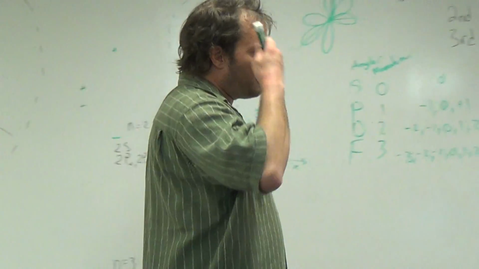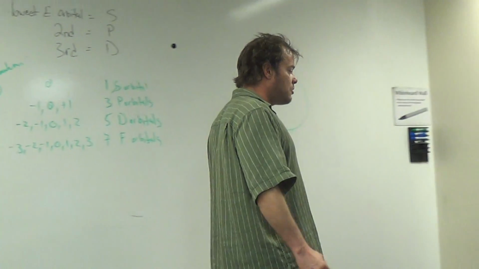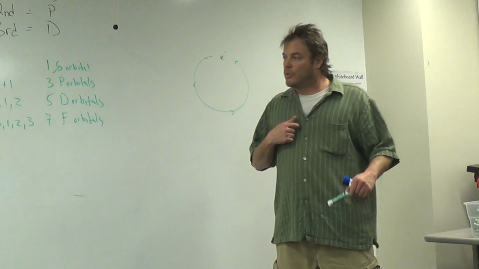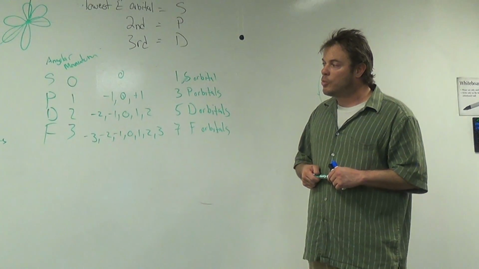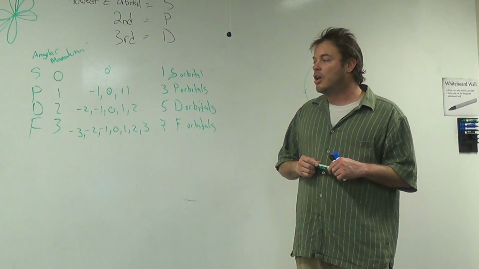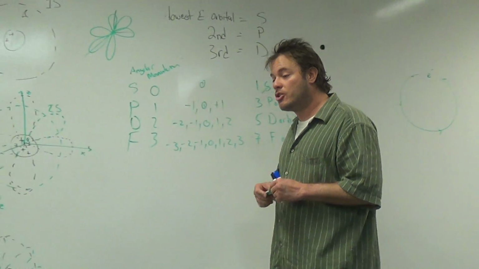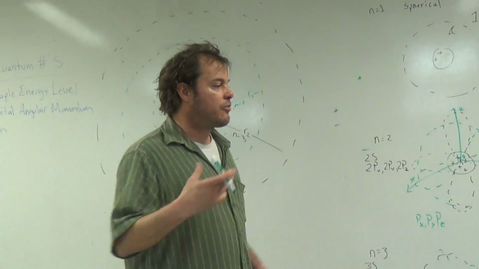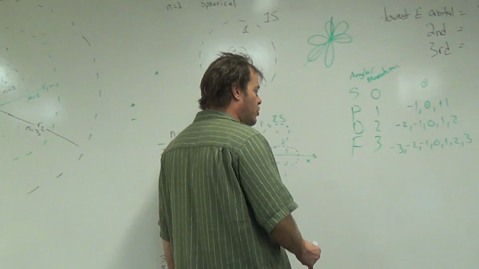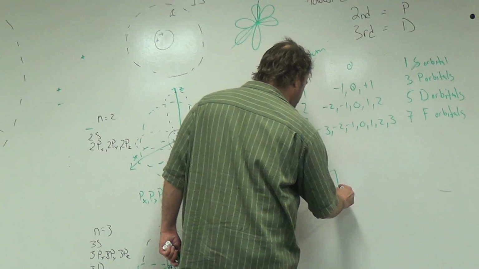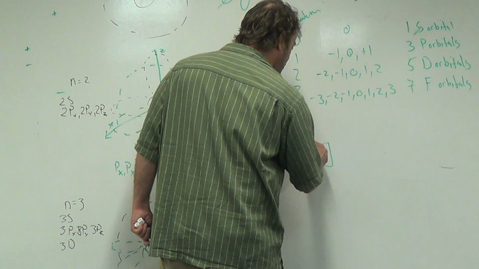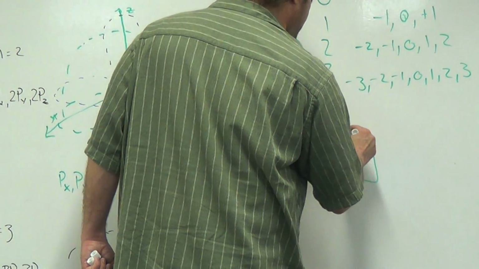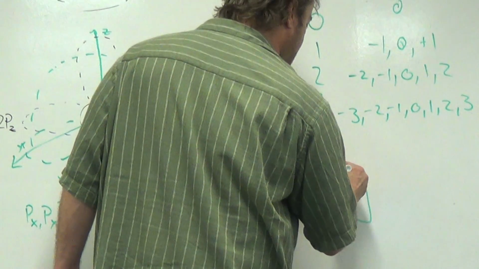There's one other thing that I need to tell you, and that is that when you have orbitals that are of the same energy, let's say we have p orbitals. I'm going to draw boxes here representing a px, a py, and a pz orbital.